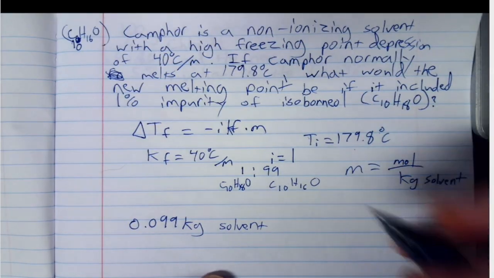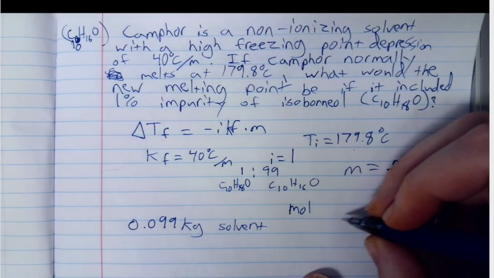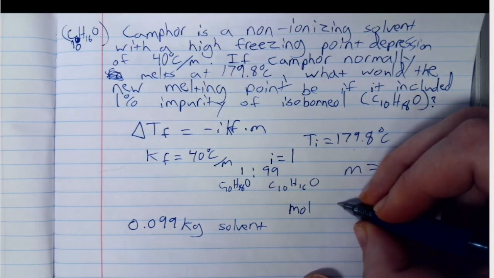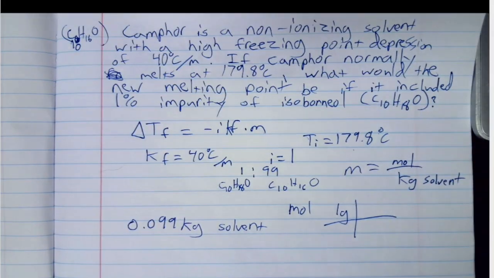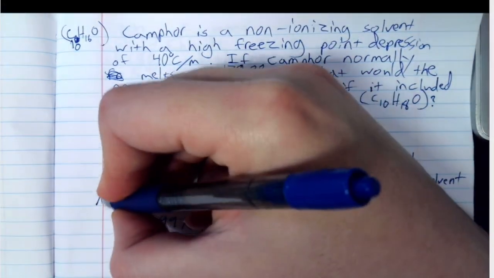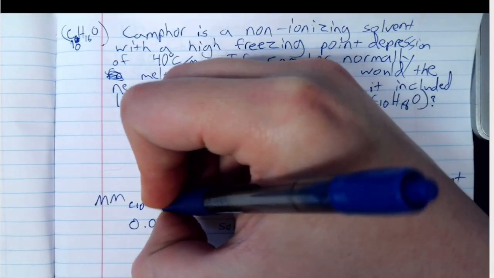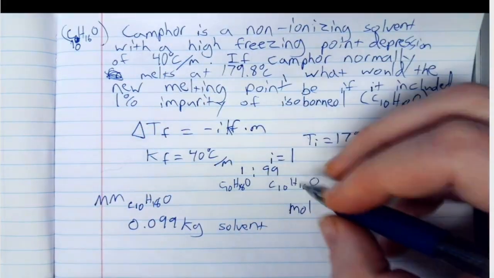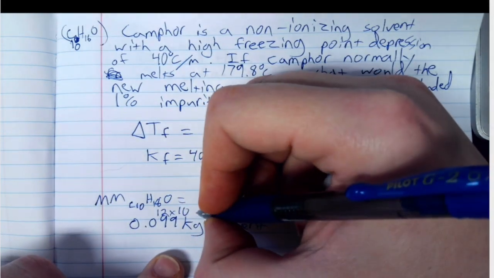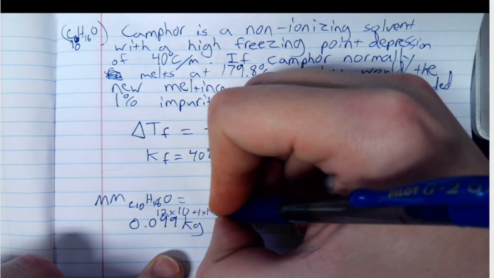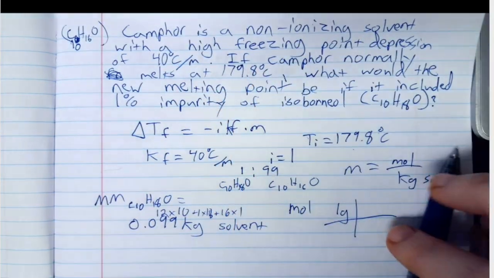So we need to find the moles of the C10H18O. So 1 gram. We've got to figure out the molar mass real quick. The molar mass of C10H18O: we have 12 times 10, 1 times 18, plus 16 times 1.